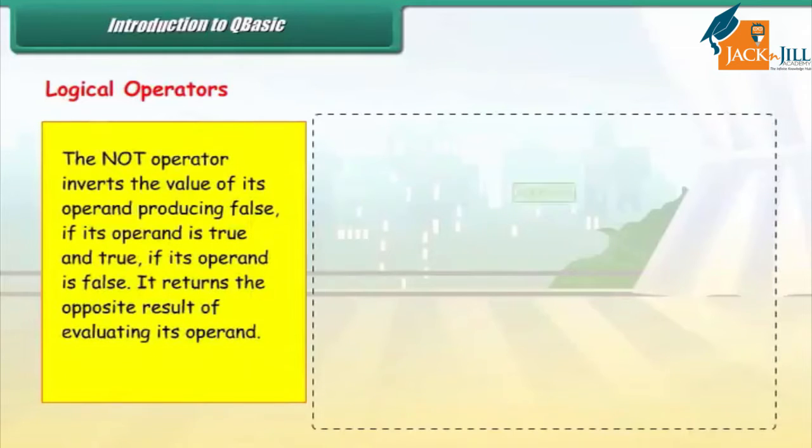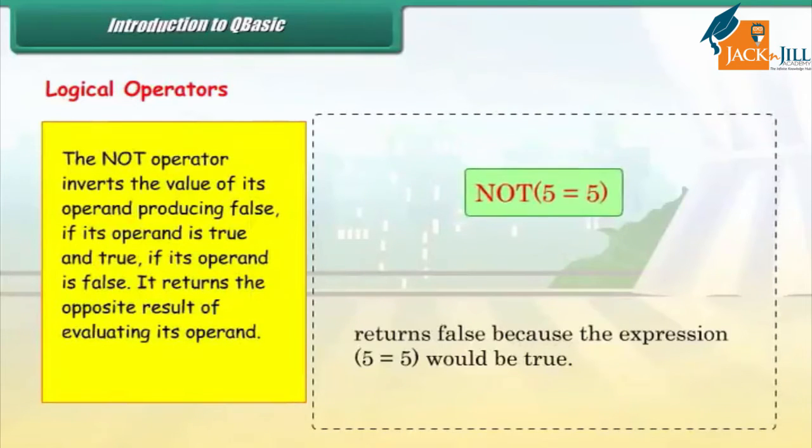The NOT operator inverts the value of its operand, producing false if its operand is true and true if its operand is false. It returns the opposite result of evaluating its operand.